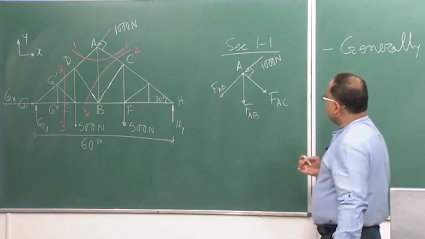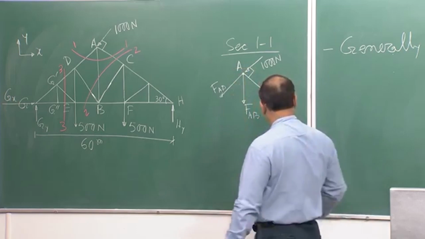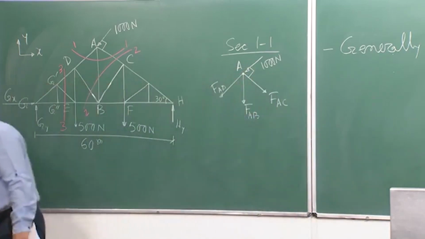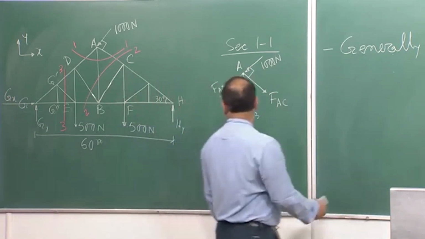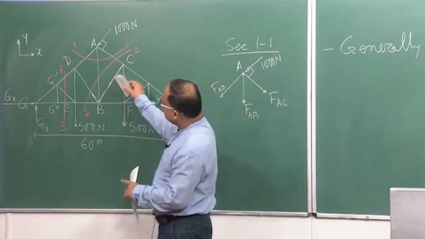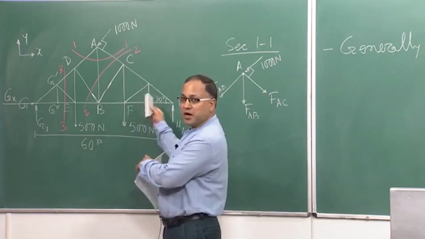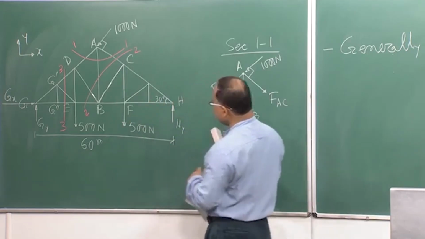Now similarly, let's draw the free body diagram for section 2-2, which cuts the truss into 2 parts, a right hand part and a left hand part. We will be taking the right hand part.